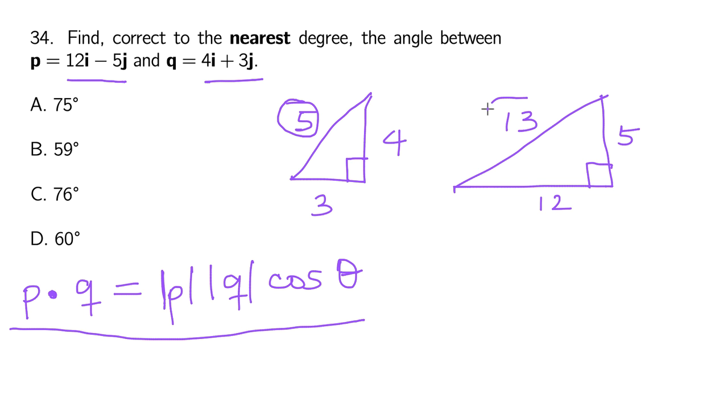Sorry, this is the magnitude of P, 13. The magnitude of Q is 5. So we need to find the dot product. Let's write the dot product.